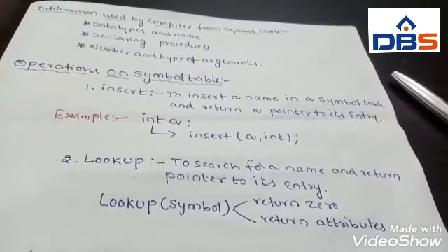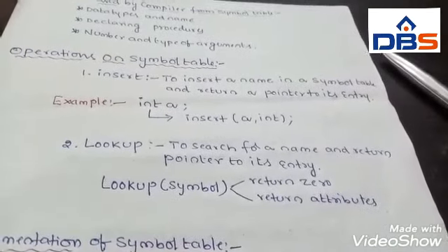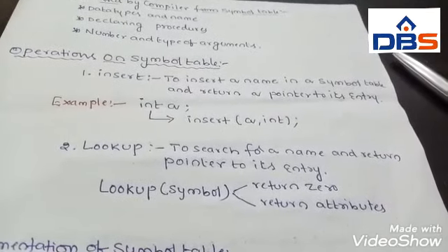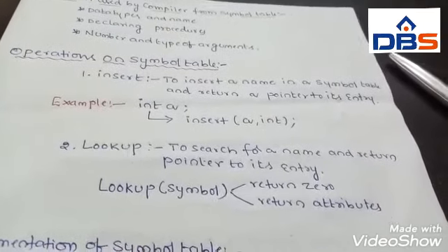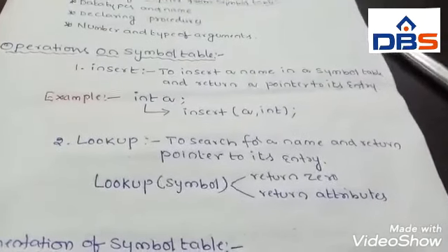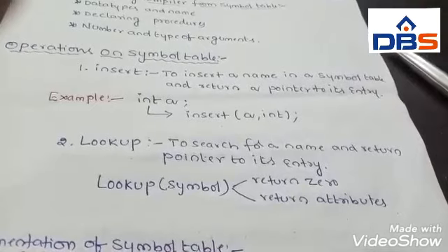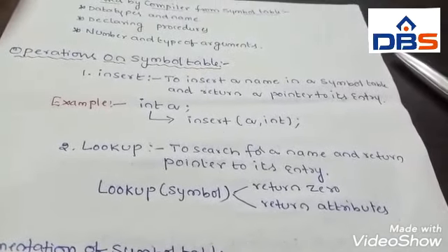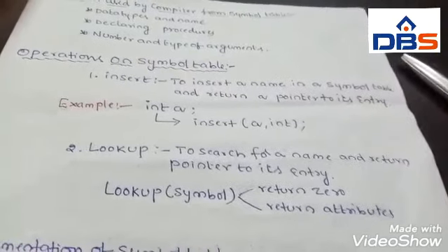Next one is set attribute. Set attribute is used to associate an attribute with a given entry. Get attribute is used to get an attribute of a given entry. All these are the various operations performed on the symbol table.